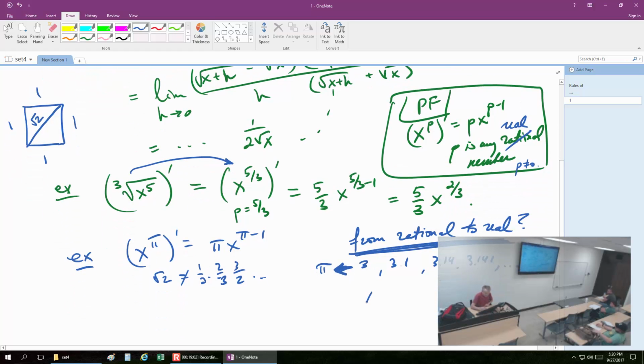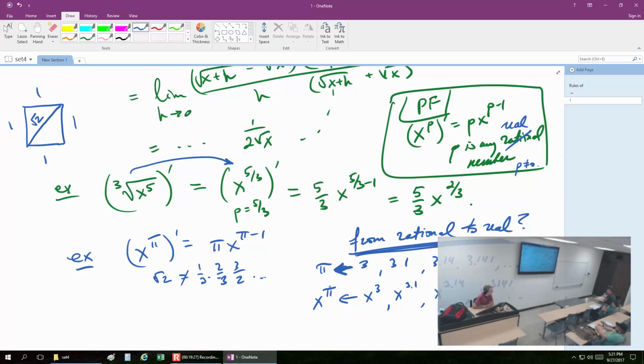So x to the 3, x to the 3.1, x to the 3.14, x to the 3.141. Okay, so that sequence of numbers, what does it converge to? X to the pi. Okay, so that's how we create functions with irrational exponents or powers.